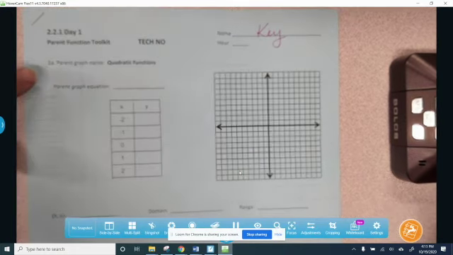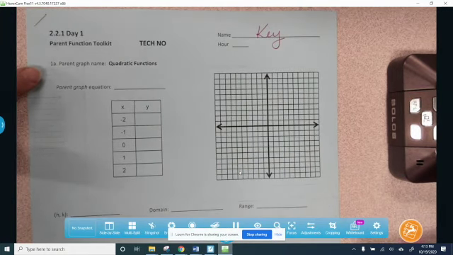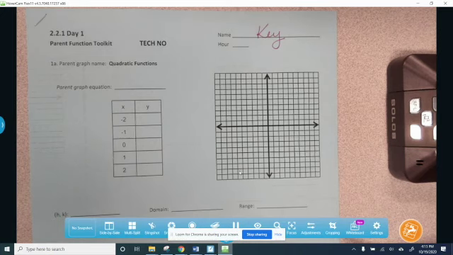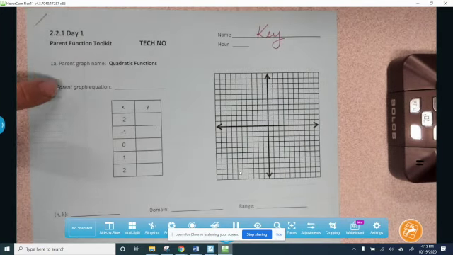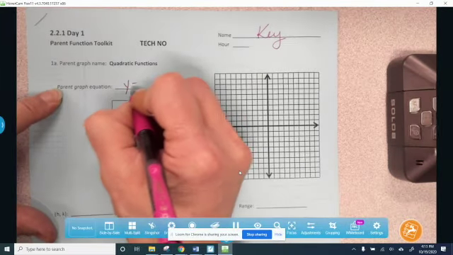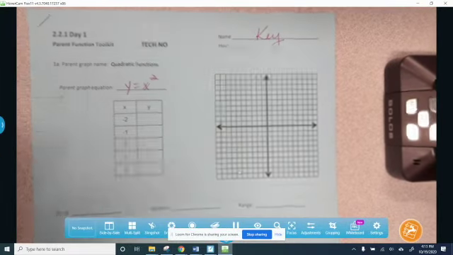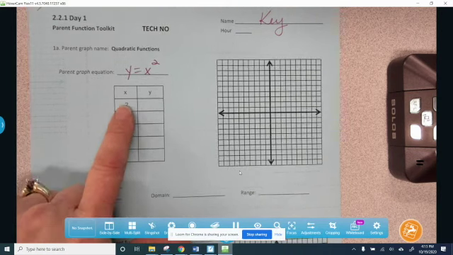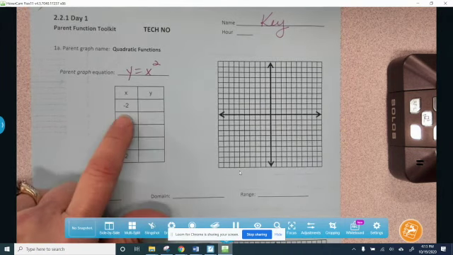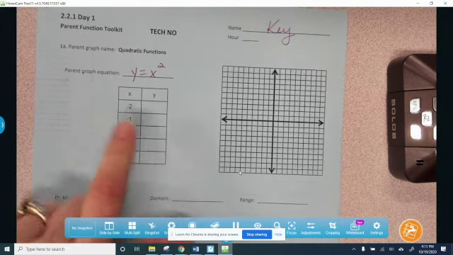The very first function is a quadratic, so I thought we would start with a review. The parent graph equation for a quadratic is y equals x squared. If we think about what the outputs are for these inputs, we could complete a table.